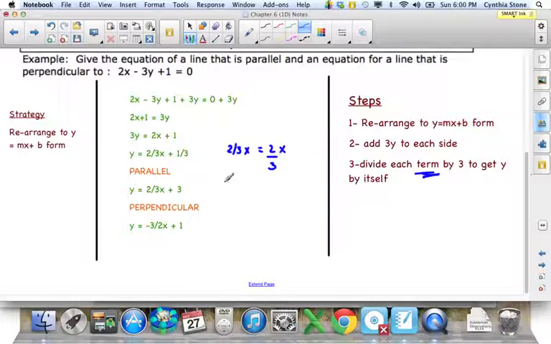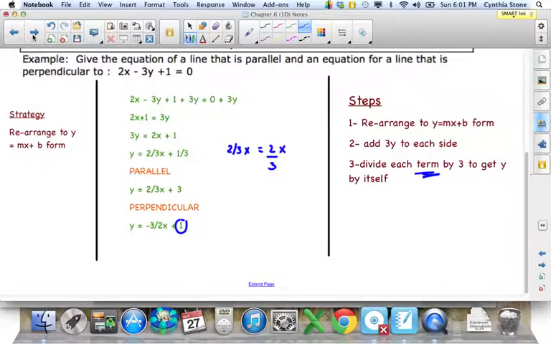So a line that's parallel to that then could be, again, exact same slope and just anything here. I just chose 3. I could have chosen anything. Perpendicular is the negative reciprocal, so flip it around, right? Flip it around and give it a negative sign, and again, just whatever.